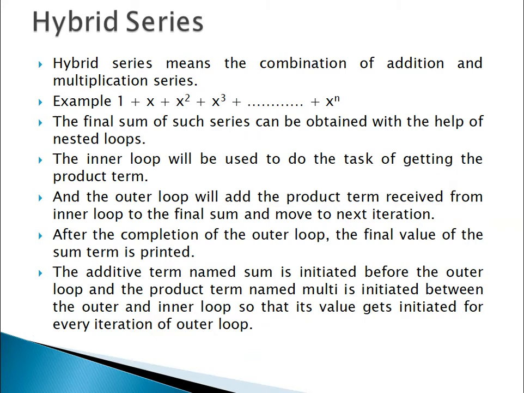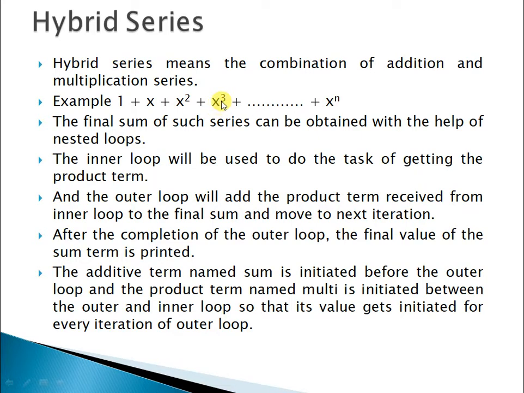Now we come to the hybrid series. In the beginning, we saw two types of series, addition and multiplication. The combination of these two series becomes a hybrid series. Let us see an example: 1 plus x square plus x cube plus dot dot dot up to x to the power n. How is it a hybrid series? Please see. The terms x square, x cube are a multiplication series.